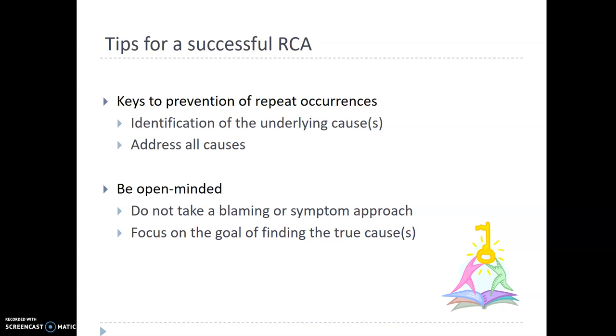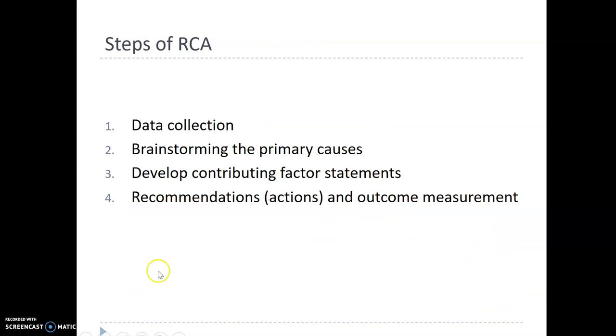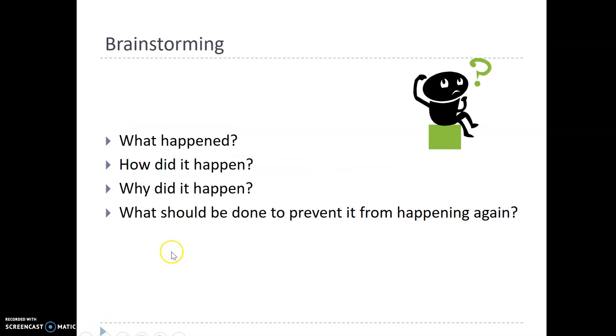Being open-minded, not taking a blaming or symptom approach, looking at it from a just culture approach, and focusing on the goal of finding the true cause are important steps to the root cause analysis process, which begins with data collection, brainstorming, developing contributing factor statements, and recommendations, and how are you going to measure it, an outcome measurement.